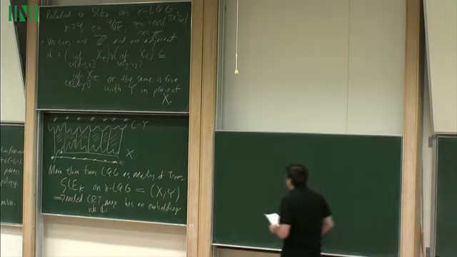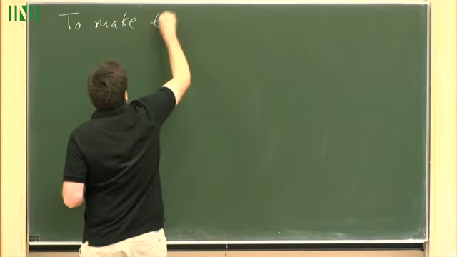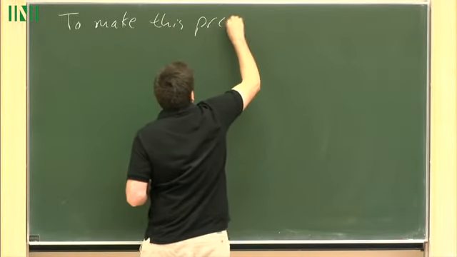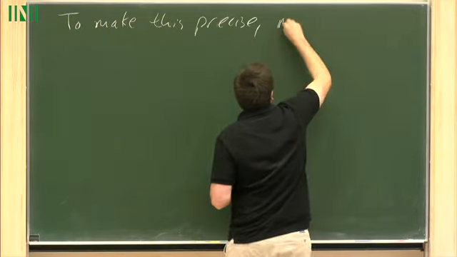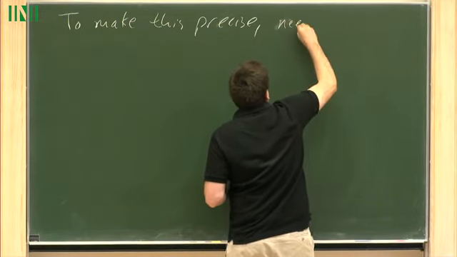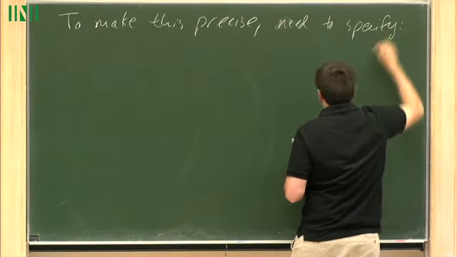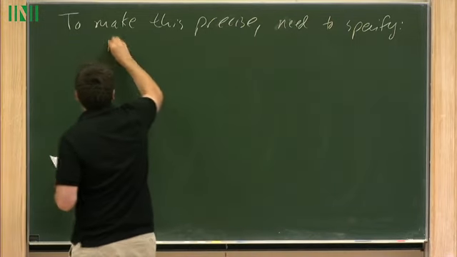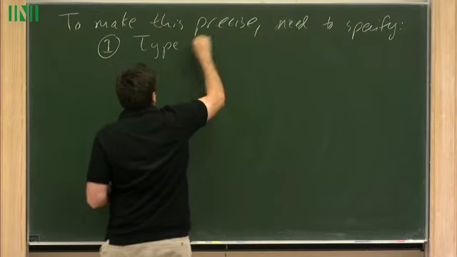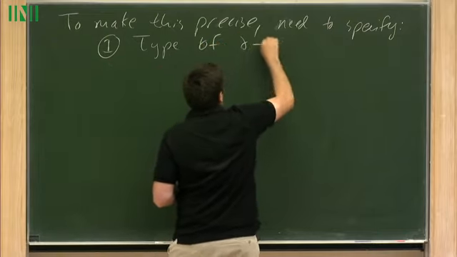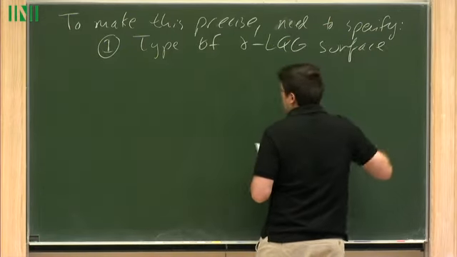And to start to do that, to make this precise, what I need to do is specify two things. Number one, I need to make it precise what type of Liouville quantum gravity surface I'm going to put my SLE on top of.